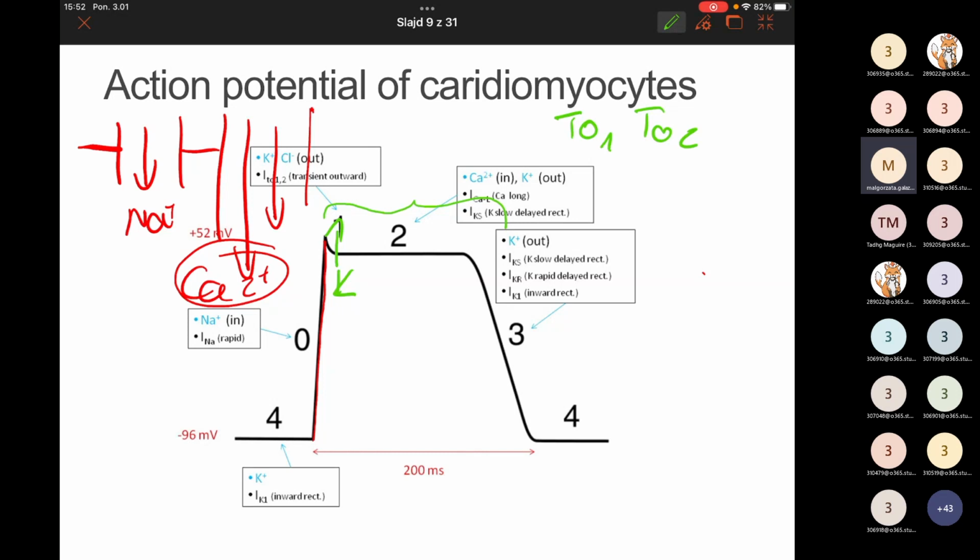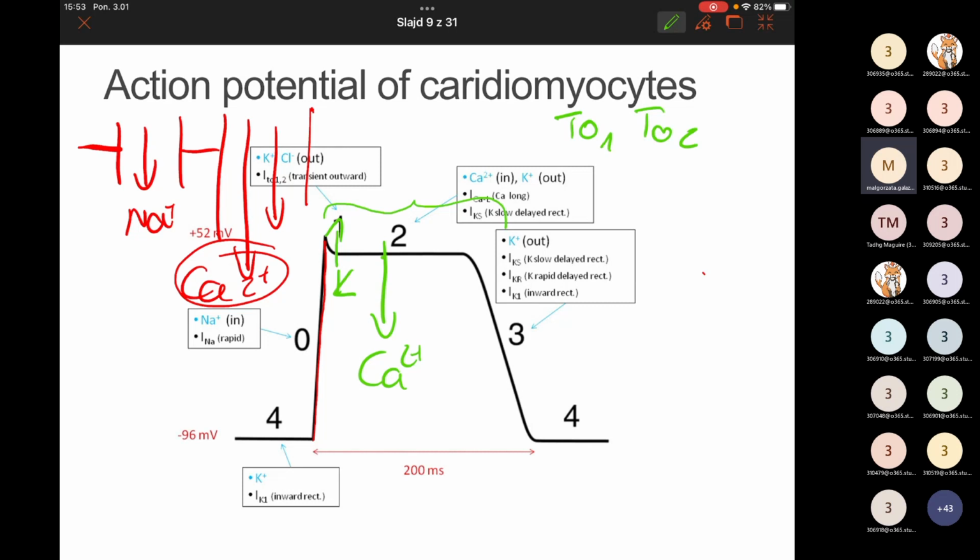How is it possible? The decrease of membrane potential due to outflux of potassium ions through the voltage-gated potassium channels TO1, TO2 activates L-type calcium channels, and therefore you observe a rapid influx of calcium ions into the cell.